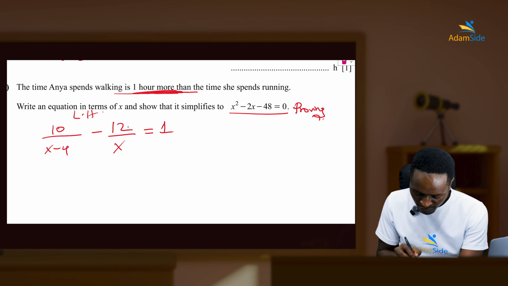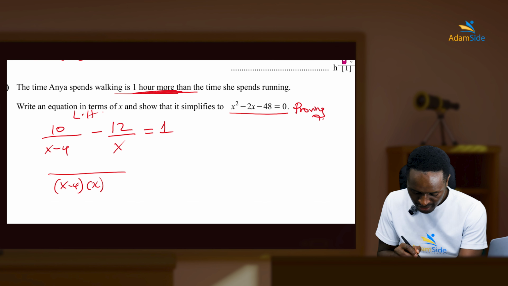You find a common denominator. Here you have x minus 4 and x. Then you cross multiply.